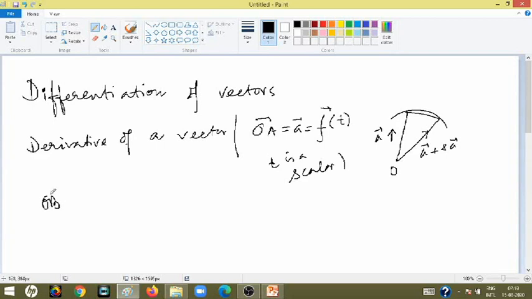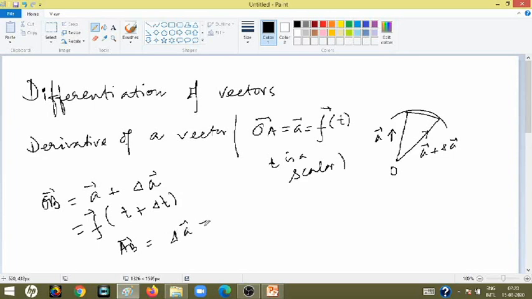Now OB, what will it be written as, A plus delta A equals f of t plus delta t. Then AB equal to delta A equals f of t plus delta t minus f of t.